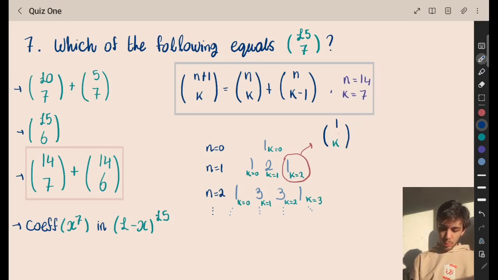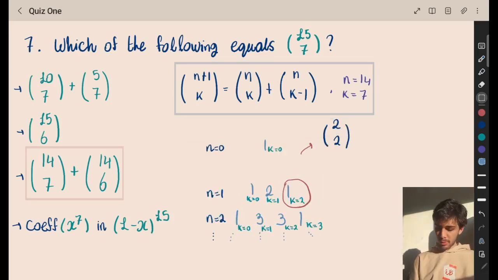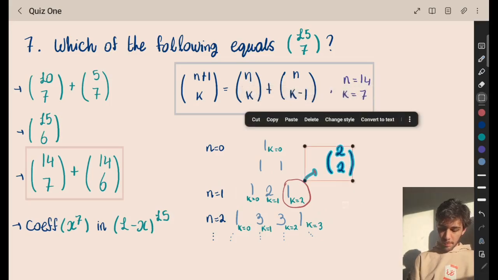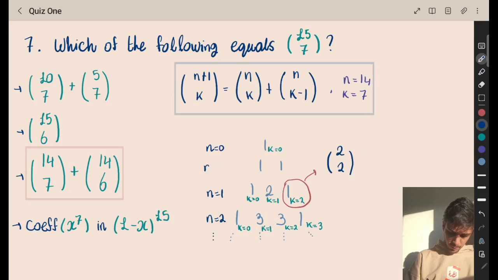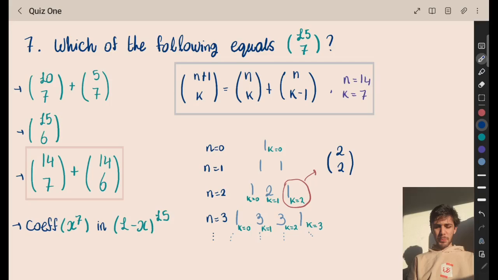In this case, it will be 1 choose... it would actually be 2 choose 2 because I misdrew the Pascal triangle. Can you imagine? It's 1, 1, 1, 1, 2, 1. But it's good. We can all make mistakes. That's important.